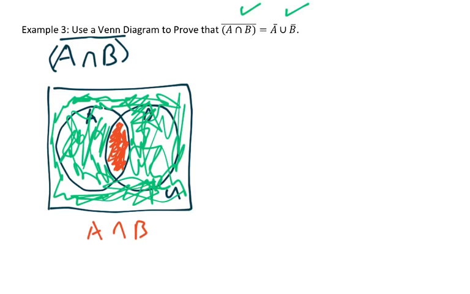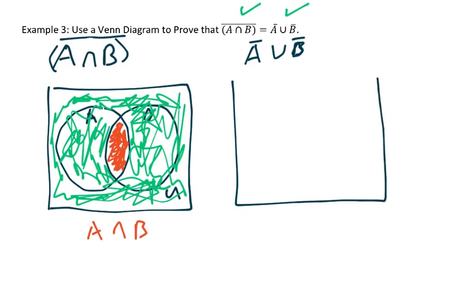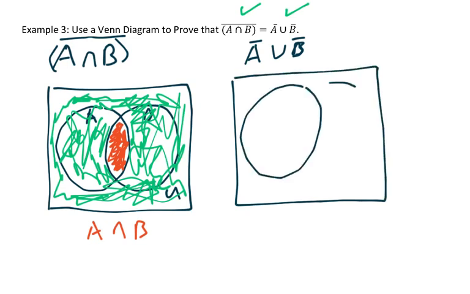Now, on the other hand, let's also draw a Venn diagram for A complement union B complement. And this one may take a little bit more work to make it look good. Let's draw our Venn diagram. A, B, like that.